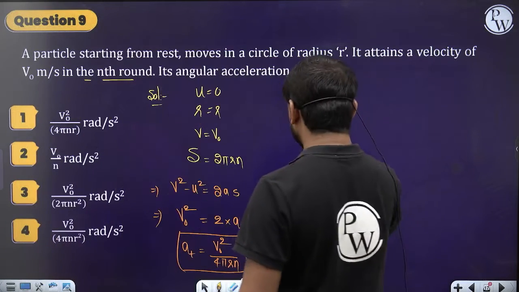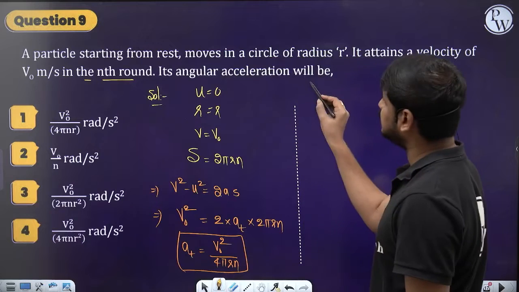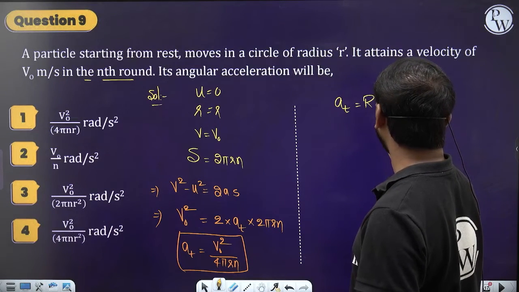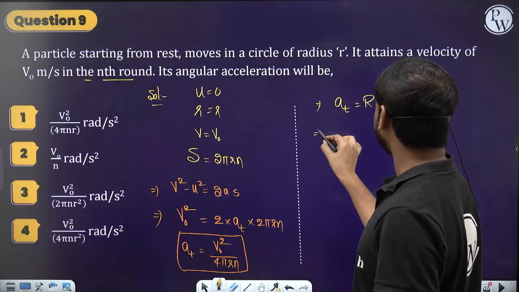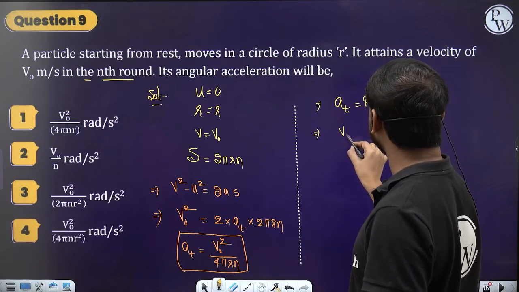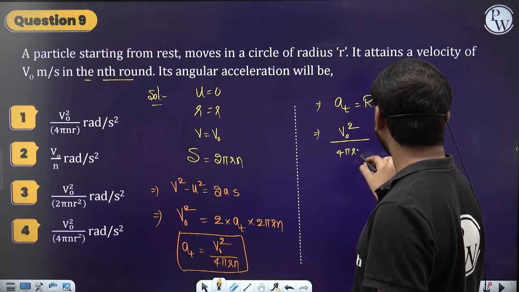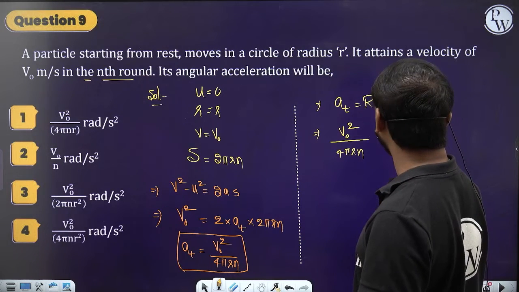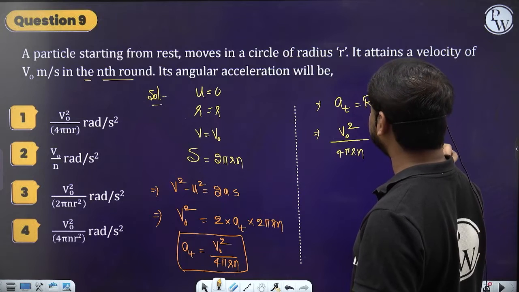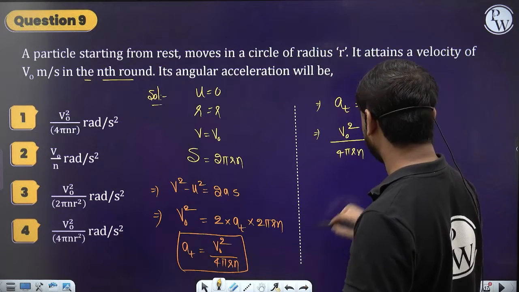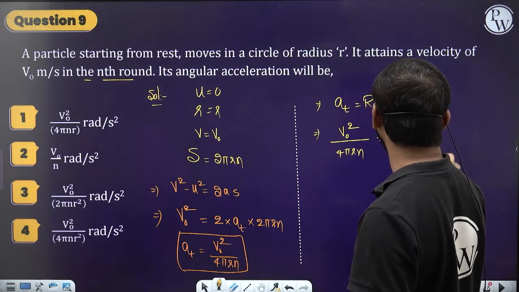See, in the question they are asking for the angular acceleration, right? We know that the tangential acceleration is equal to r into alpha. So we can substitute the tangential acceleration v naught square by 4 pi rn, which is equal to r into alpha. In the question it is given as small r, so let's write small r itself.